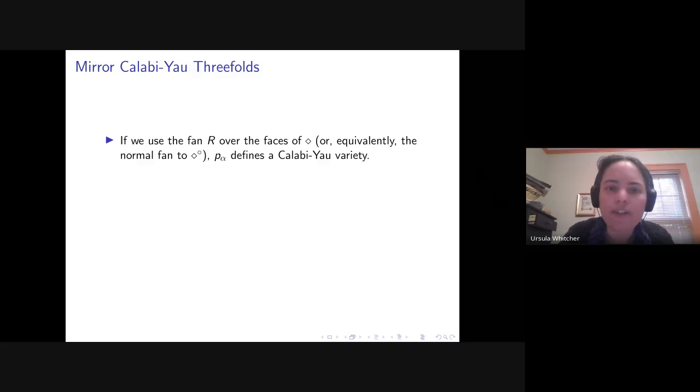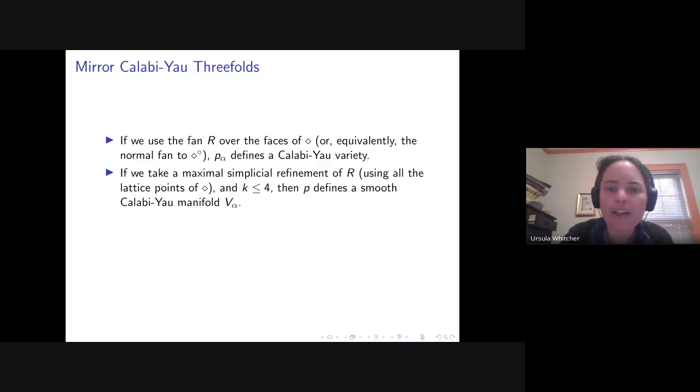Now, if we use the fan over the faces, the way I drew the picture earlier, or equivalently, you can take the normal fan to the polar dual polytope if that's friendlier to you, we get a Calabi-Yau variety. This Calabi-Yau variety might be singular, so we need to potentially smooth it out a little bit.